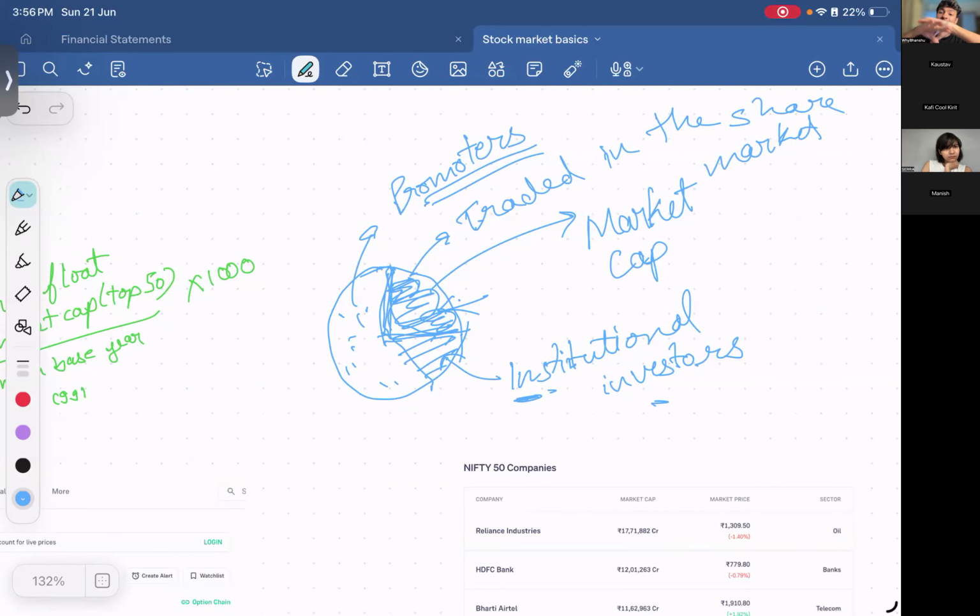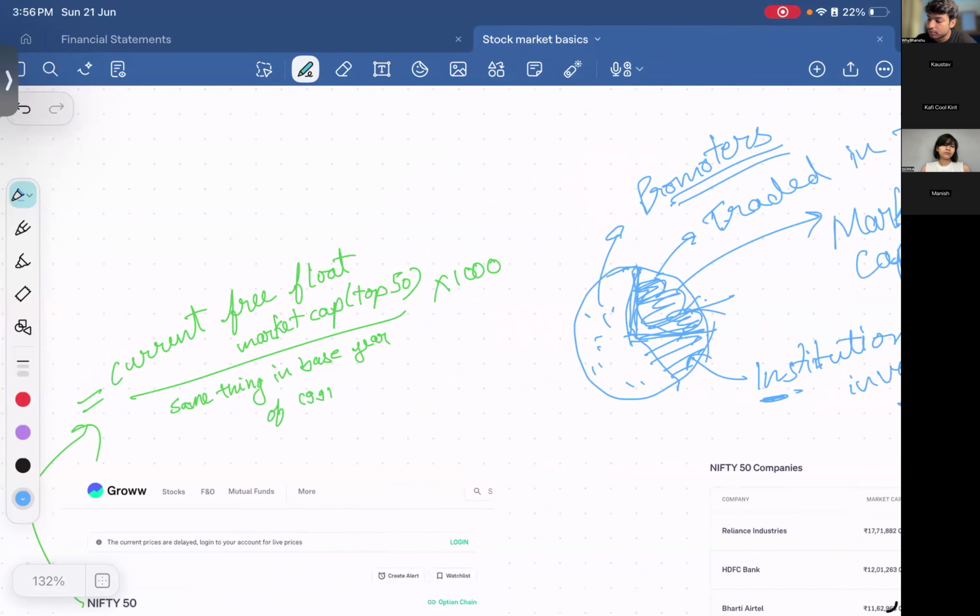So even though the company itself was large enough to be part of the top 50 companies in India, it was still not part of Nifty 50, simply because the free float market cap was not big enough. Free float is what is freely floating in the market, something you can trade on the stock market. This is very nuanced. I feel like a lot of people who would do an MBA would also not know that this is not just any market cap, this is free float market cap. But now we know.